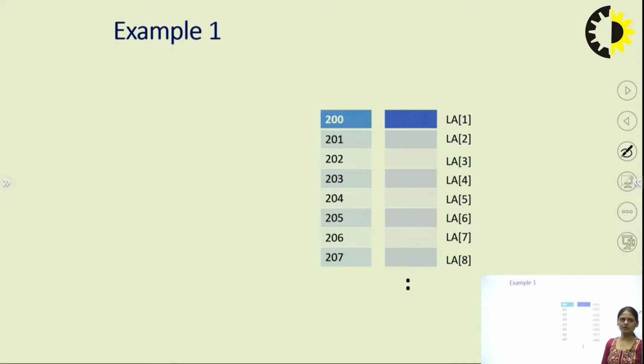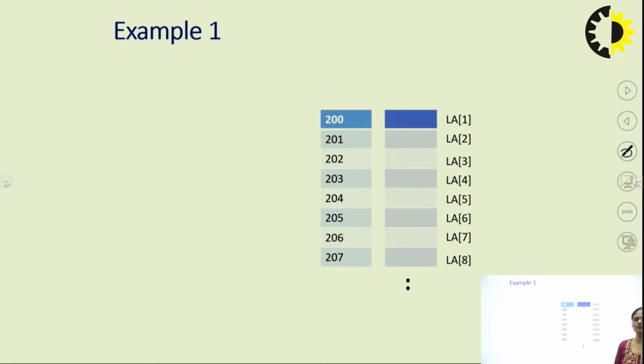Over here there is an example we have seen. In this, LA is the name of the array. From 200 to 207, these are the memory addresses, and as we can see in this figure, the index numbers start from 1. So from 1, 2, 3, the index number goes up to 8, and it may go on further also.